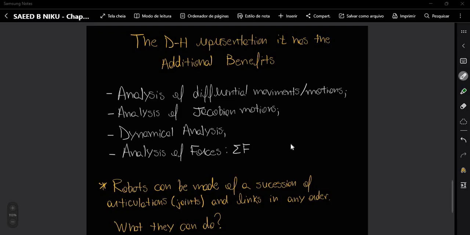So again, why we use DH representation, and also the additional benefits of using DH representation instead of the conventional ways, which is the representations using coordinate systems, Cartesian, cylindrical, or spherical.